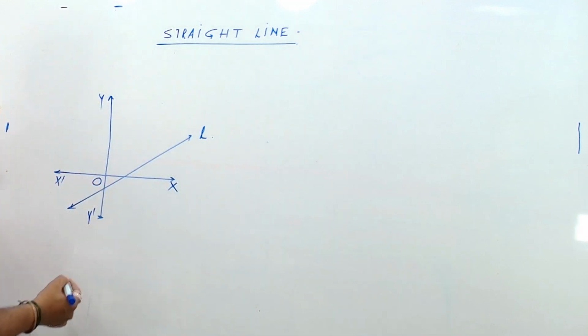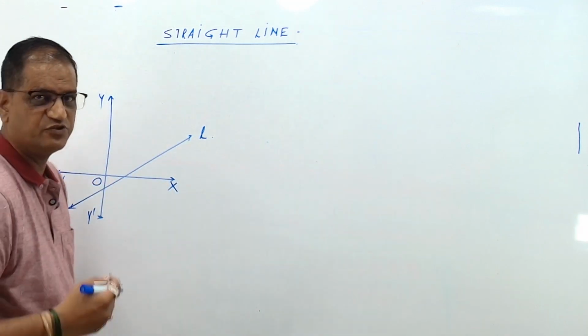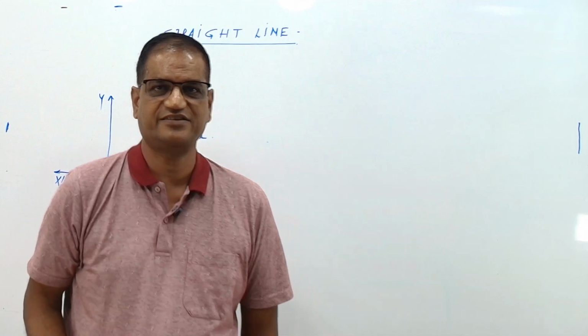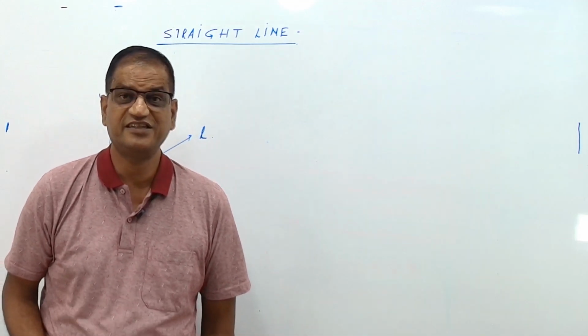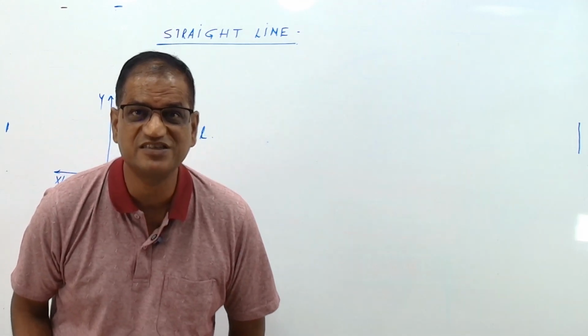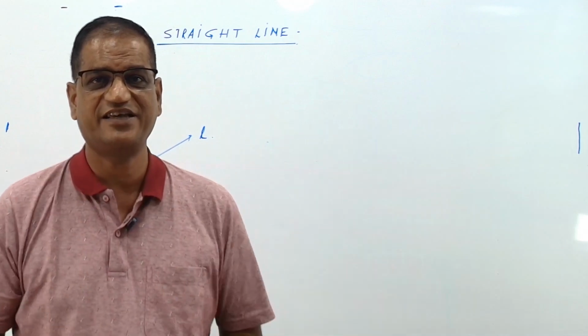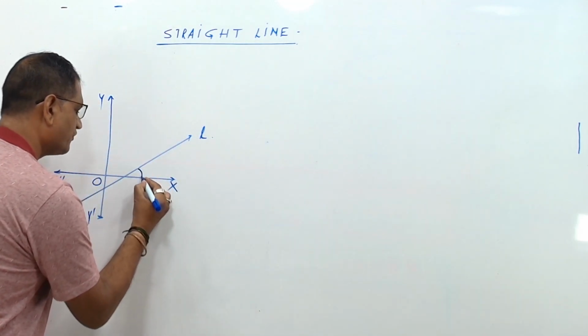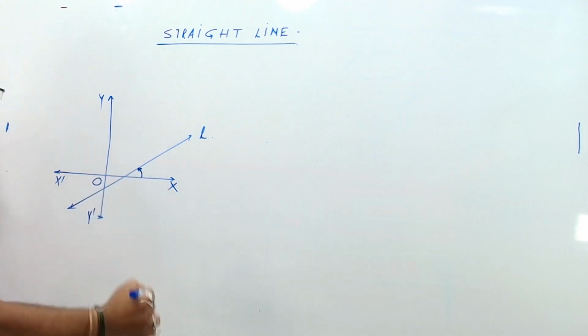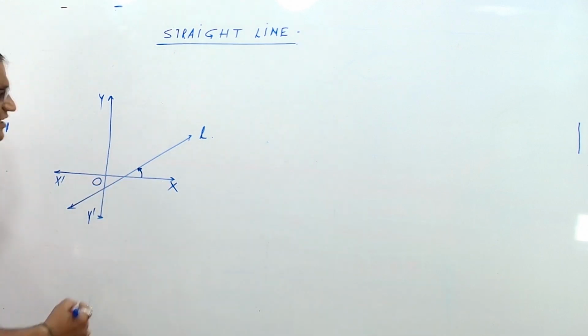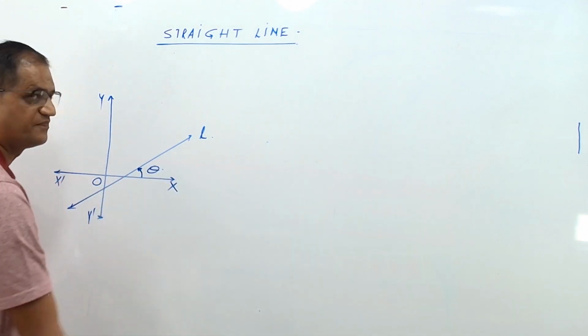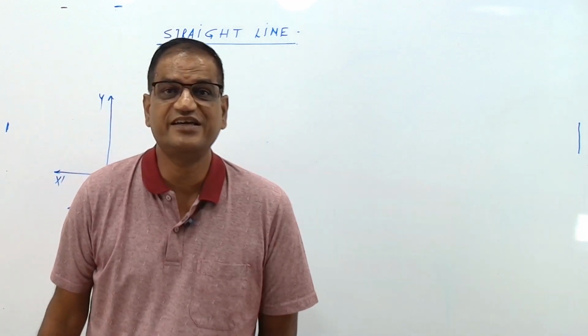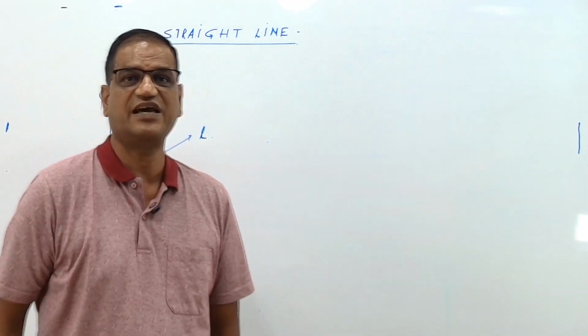The first thing is that we should know about the inclination of the line. The inclination of the line is the angle made by the line with the positive x-axis in the anti-clockwise sense. Let this angle be theta here. So theta is called the inclination of the line.